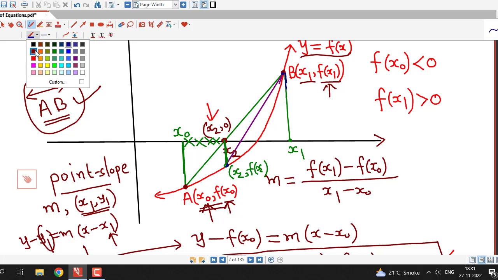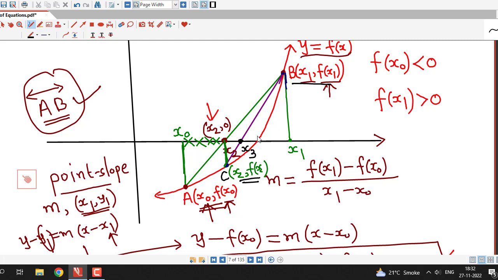So I join the line for these 2 points, x1 f of x1 and x2 f of x2, and I will consider this point as my next approximation, that is x3. So x3 is the intersecting point of the line joining the points B and C. So we consider this as our next approximation.